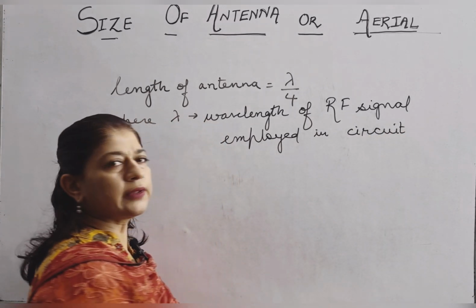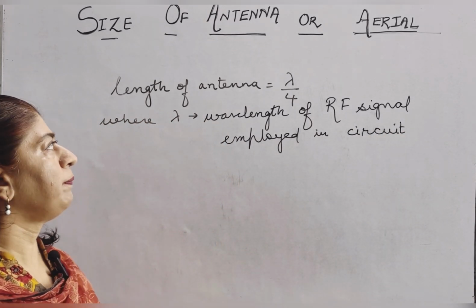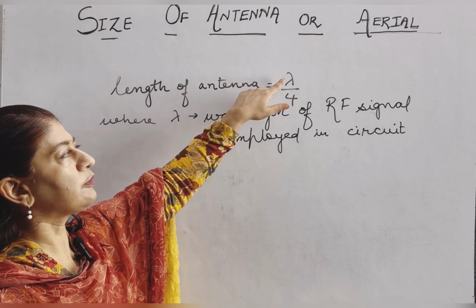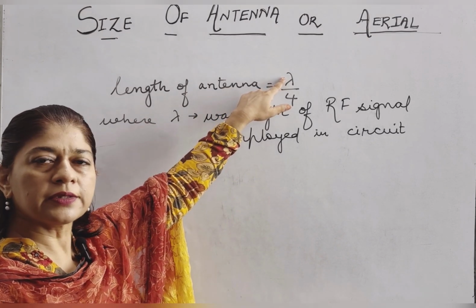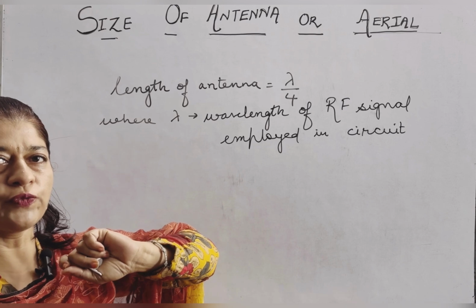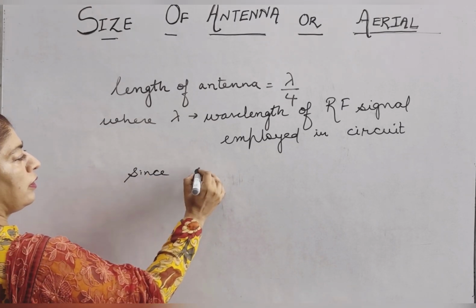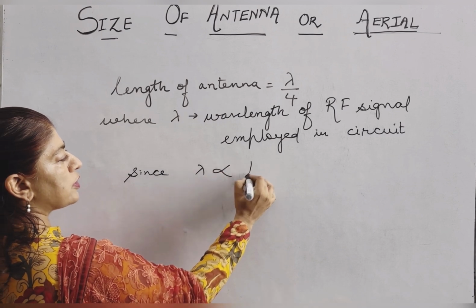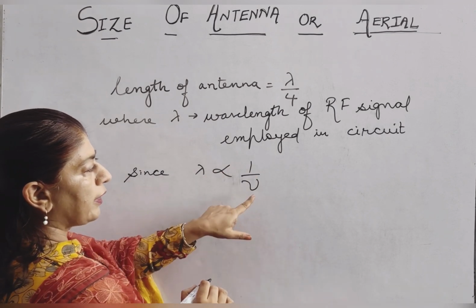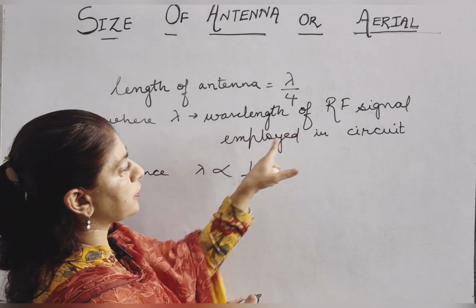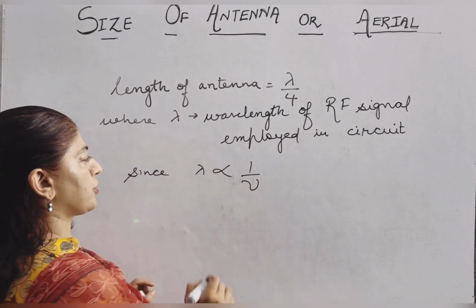One more important conclusion can be drawn from here: we know that wavelength is inversely proportional to frequency. Lambda is inversely proportional to the frequency of this RF signal employed in the circuit.